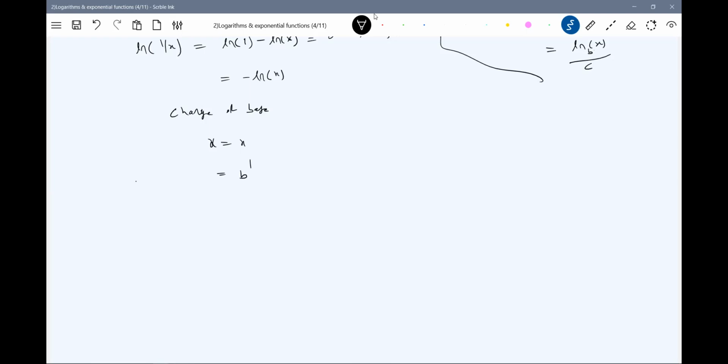Can I write this x as b to the power of log x to the base b? Because the log b and the power will cancel out, so again I'll get back x only.